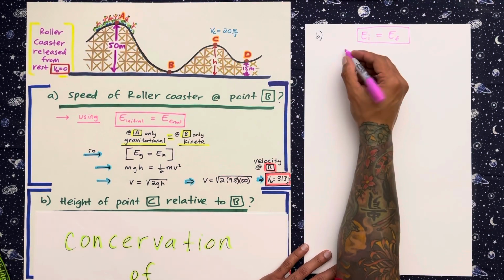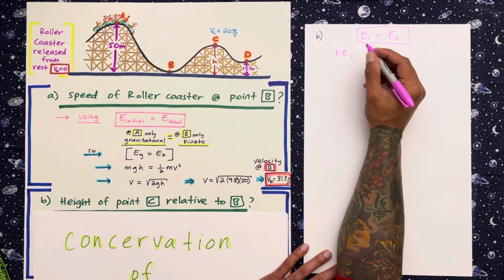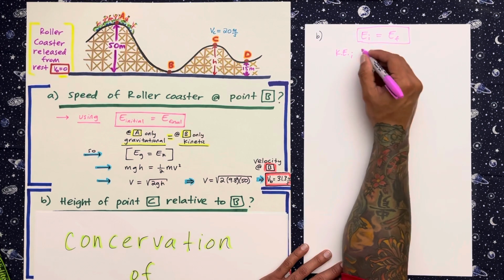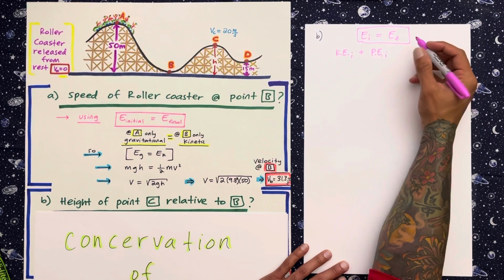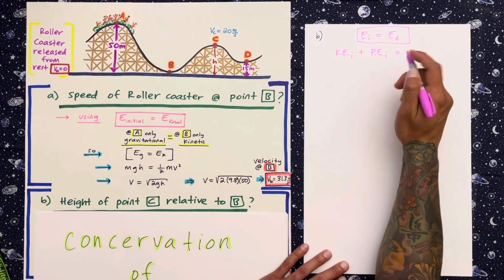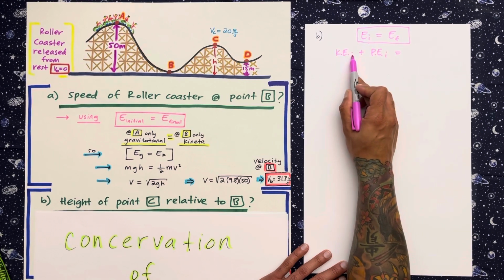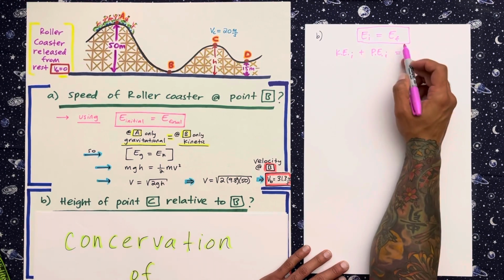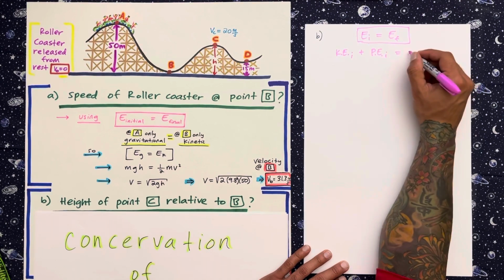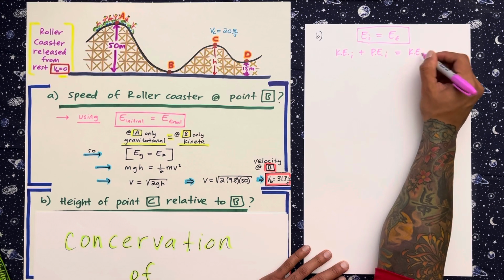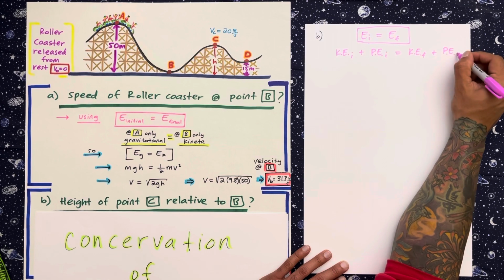Energy initial means we're going to have kinetic energy initial plus potential energy initial is equal to, so this whole side here is just for energy initial. You have to have kinetic initial and potential initial. Then you have to do the final energy. So you have kinetic energy final plus potential energy final.